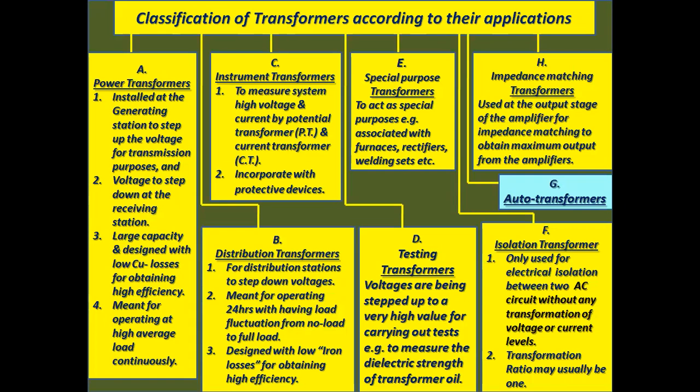Classification of transformers according to their application. There are several types. One is exclusively the power transformer. Another is the distribution transformer. Power transformers are mainly used in generating stations or in the main substations.